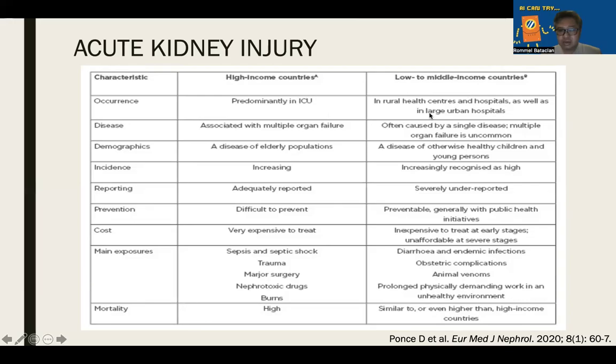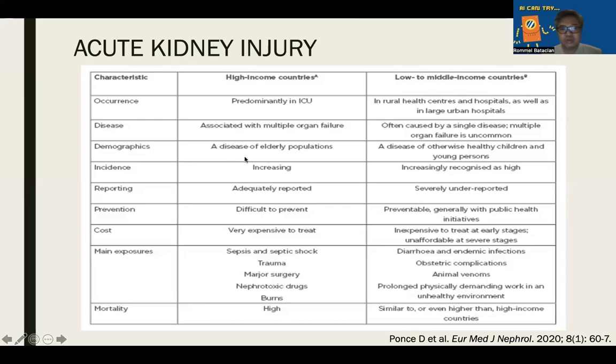But in our setting, or even in our neighboring countries, even in the typical non-critical settings in hospitals, we see a frequent prevalence or incidence of acute kidney injury. And definitely, it's associated with multiple organ failure. For low to middle income countries, it's usually primarily a single etiology. Although multiple organ failure can still happen, it's relatively uncommon.